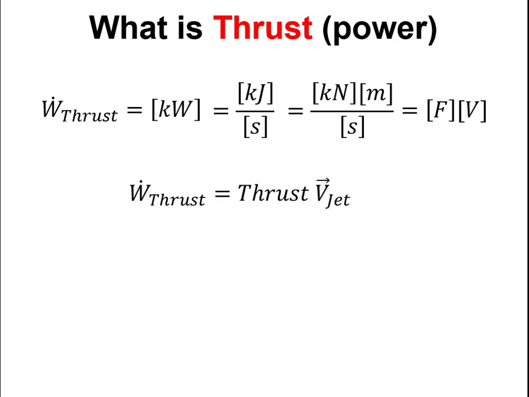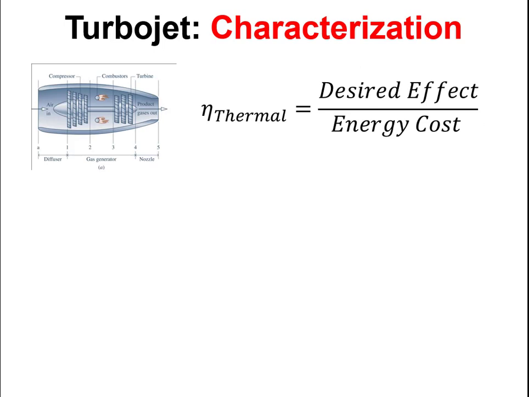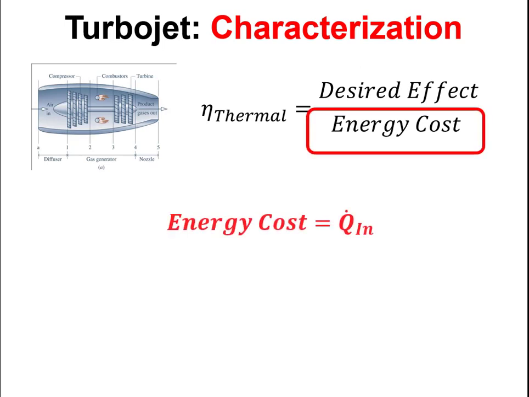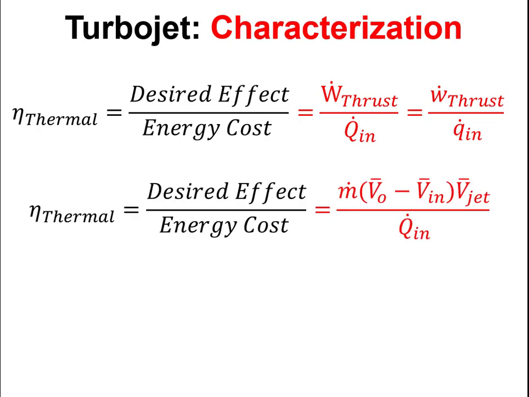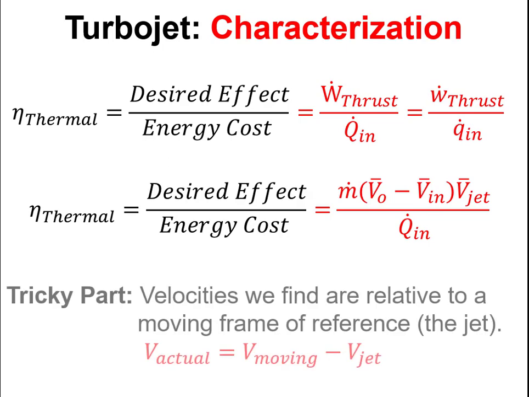So I take the thrust force generated by my engine and multiply it by the jet velocity, and I get this equation. So if I was looking for an efficiency of my turbojet engine, I probably want to look at the cost of burning fuel, right? So that's going to be Q in, and that's going to be my denominator. So my thermal efficiency is thrust power divided by heat in, which is given by this equation.